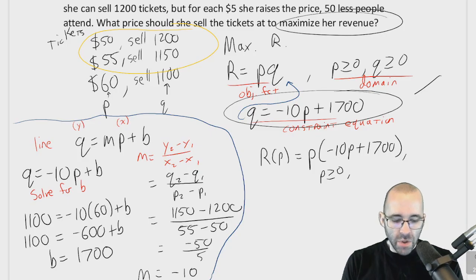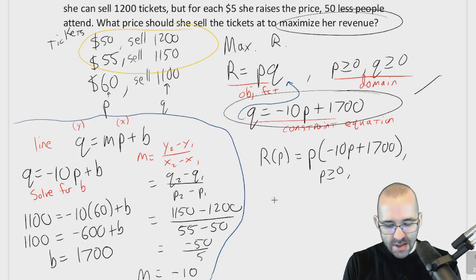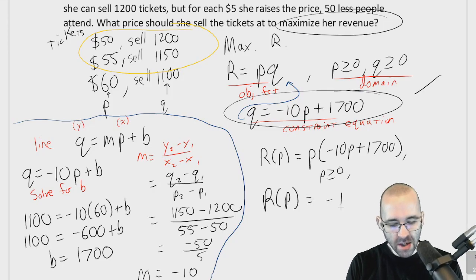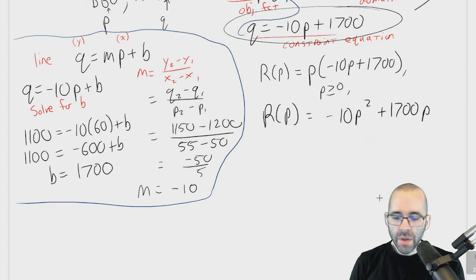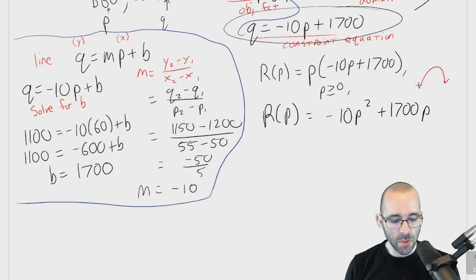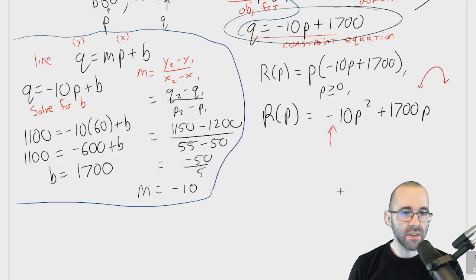We need to find now the global extremum of this function. Let's simplify it a little bit first. When we distribute the p, we get negative 10 p squared plus 1700 p. All right, so what do we know about this parabola? First off, it's a quadratic function, and it opens down because this is negative.